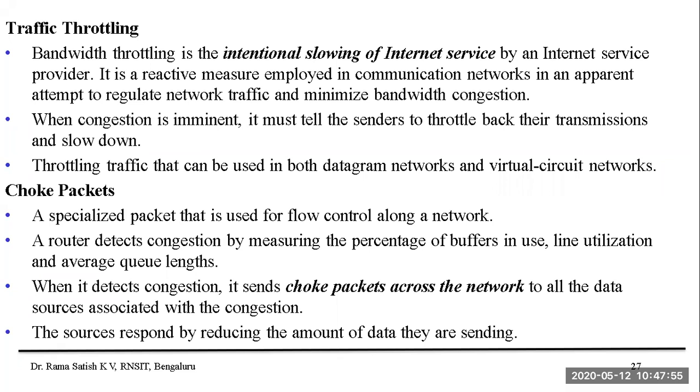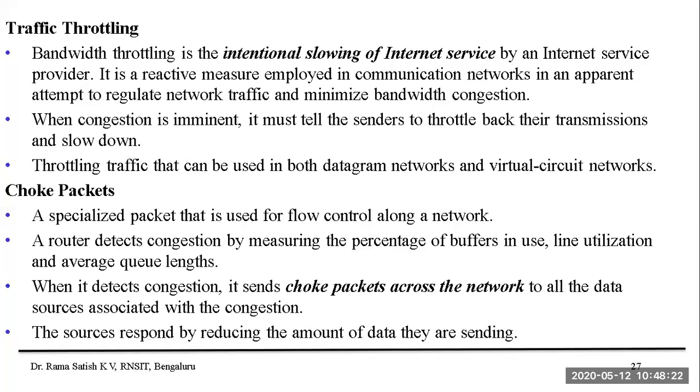By sending a choke packet, a specialized packet that is used for flow control along the network, the router detects the congestion by measuring the percentage of the queue buffers in use, line utilization, and average queue length. Based on this, the routers will send a choke packet across the networks.